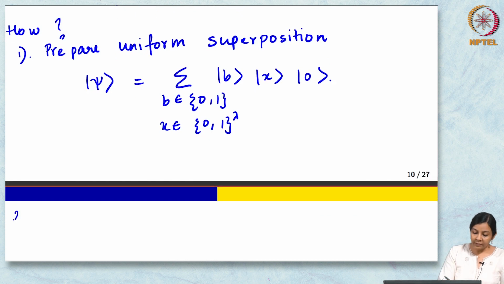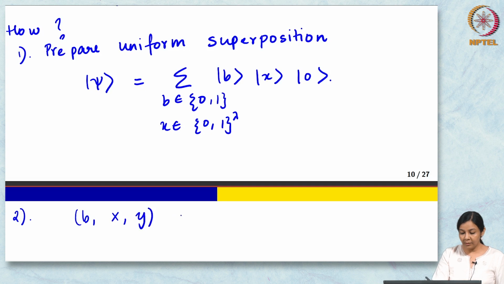Now, step 2 is very natural, it is what you would expect. I define a suitable function. Can anyone think, I have f0 and f1, how should I define my function so that I get a superposition of the claws? My input is some b, x, and here it is 0, but let me just call it y.